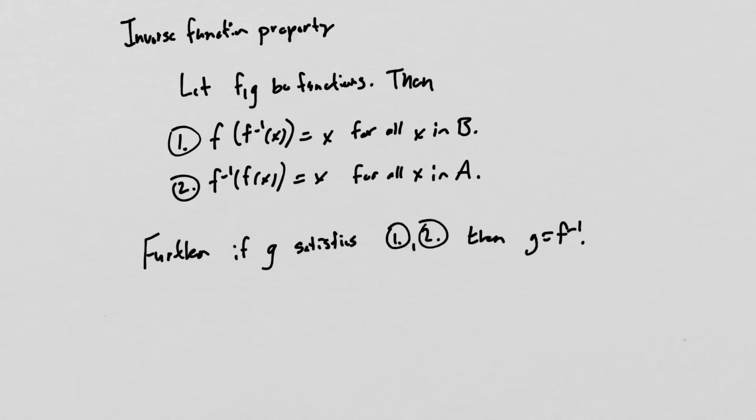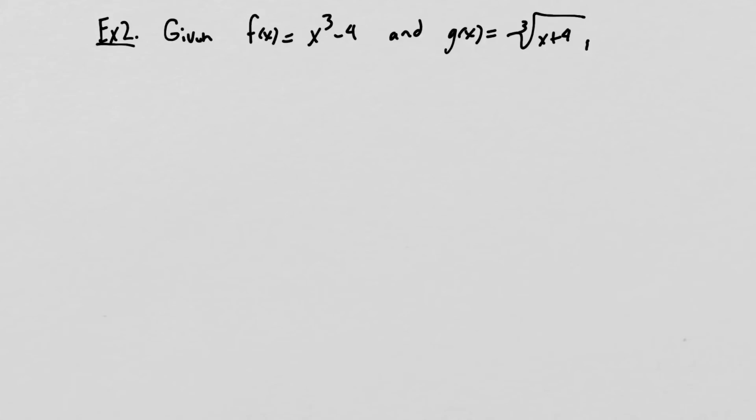Let's go ahead and apply this to an example to determine if two functions are in fact inverses of each other. Example 2. Given f of x and g of x, determine if they're inverses of each other.